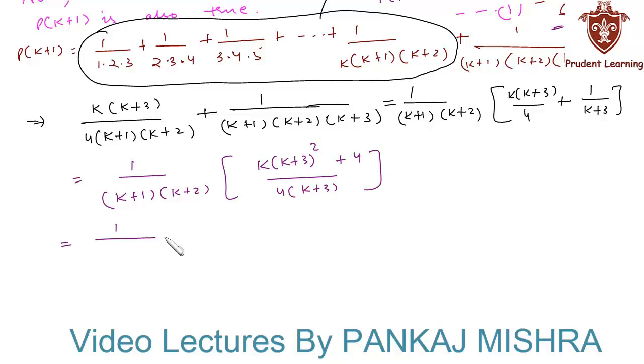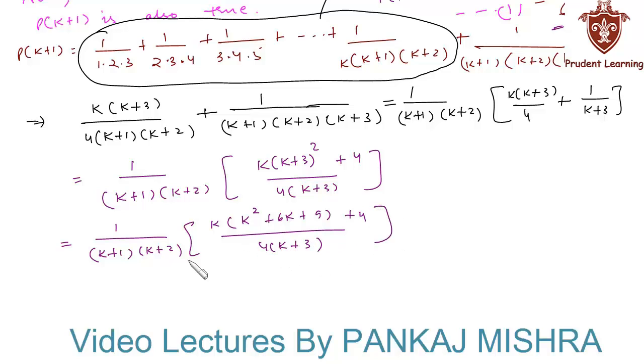This gives us 1 upon k plus 1 into k plus 2 into k times of, expanding k plus 3 whole square, we'll have k square plus 6k plus 9 plus 4 as such, upon 4 times of k plus 3. This is equal to 1 upon k plus 1 into k plus 2 into k cube plus 6k square plus 9k plus 4 whole upon 4 times of k plus 3.